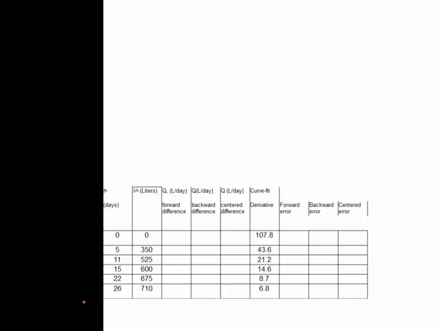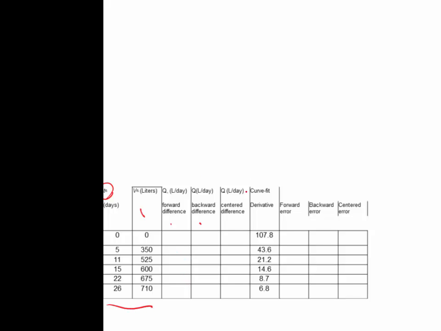Okay, so what I want to do here is try this out. Here's this index n. So we've got these 6 different terms, and then that's t. It looks like the formatting got a little bit messed up, but there's the time in days, and here's the volume in liters. And what I want you to do is calculate the forward, the backward, and center differences using these data.